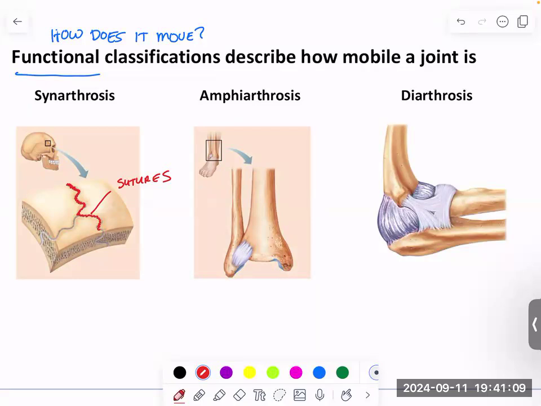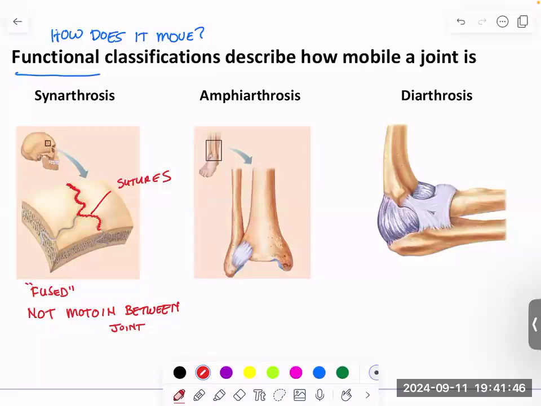No. This joint is not designed to allow those bones to move. This joint fuses those bones so they do not move. If they are fused joints, they do not move. No motion between the bones, between the joint. No movement.